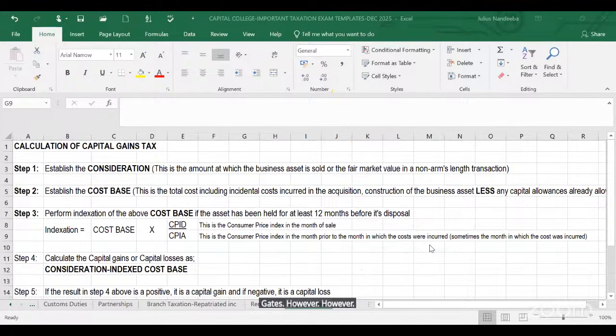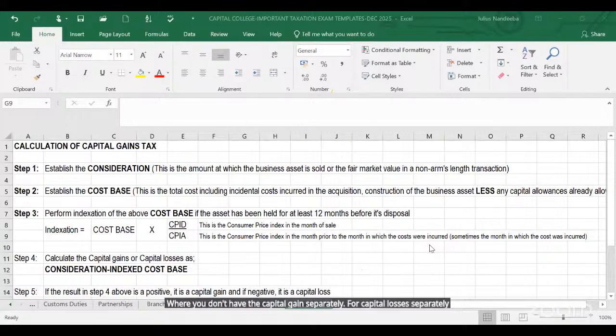However, sometimes they can bring you a disposal of a business asset in number one, where you don't have to calculate capital gains separately or capital losses separately.